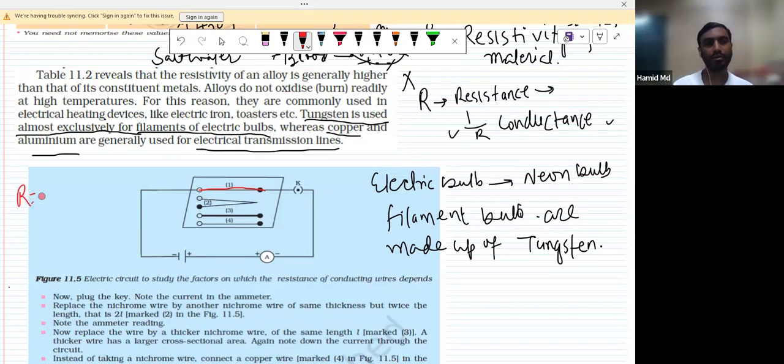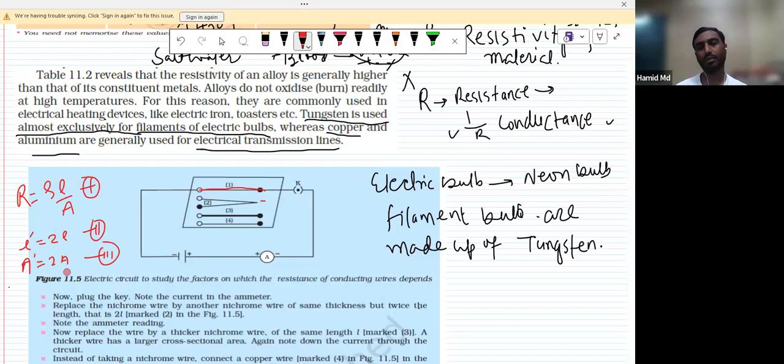We know R is equal to rho L over A. In the second case, L will be 2L, so how will the resistance change? In the third case, the new area A prime is twice the earlier area A naught.